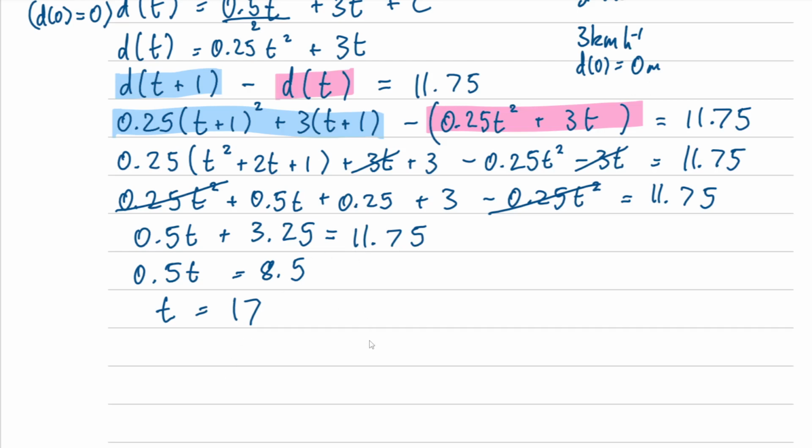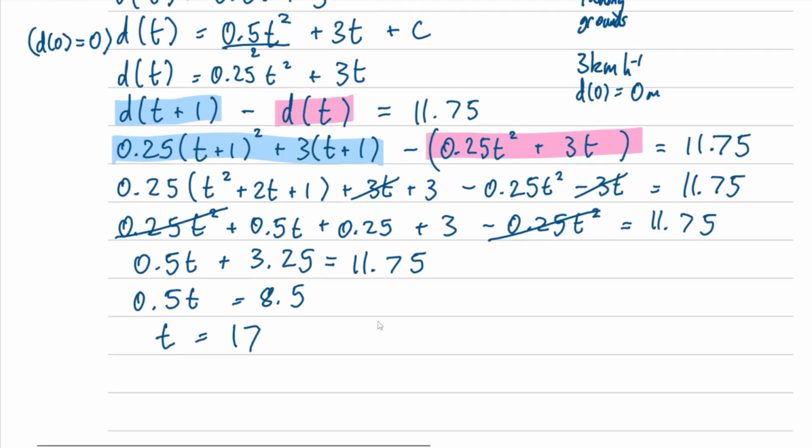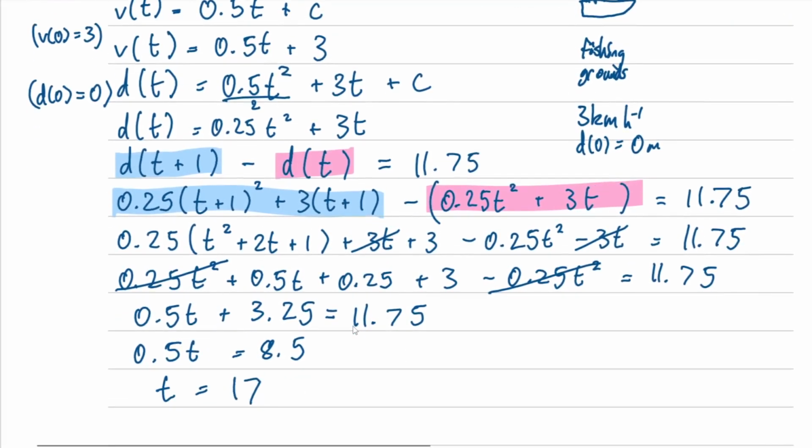However, in the 18th hour, it has. So just to check that, we could substitute 17 into d of t, and then substitute 18 in for distance, and that difference will be 11.75.